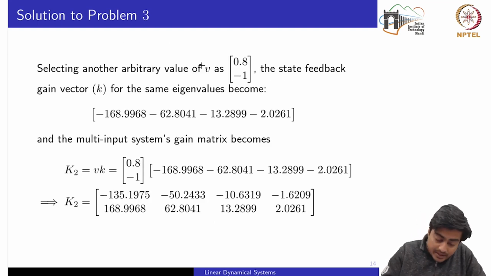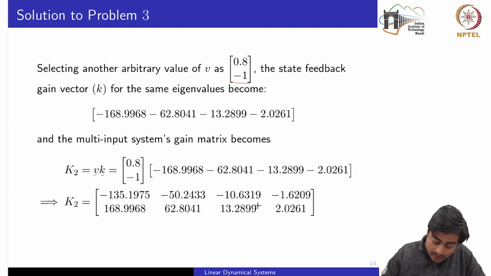Now the second state feedback gain matrix we can compute by selecting another arbitrary column vector V, which we have selected here as 0.8 and -1. Then following the same procedure, first of all computing the state feedback gain vector K for a reduced single input system, and then computing K2 as the multiplication of the column vector V we have selected and the row vector K we have computed here.